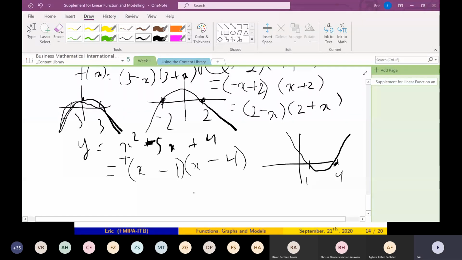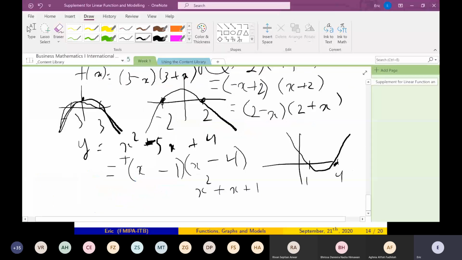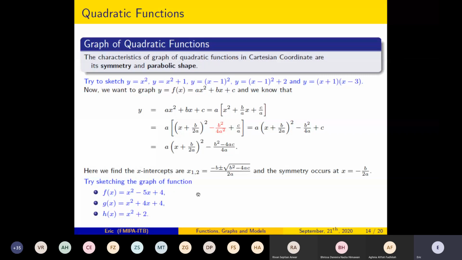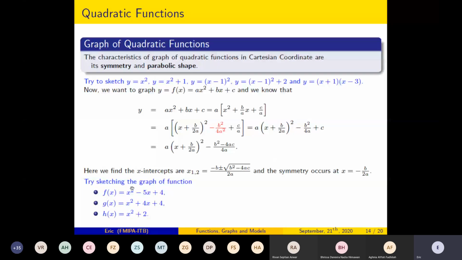Okay. What about this one? x squared plus 4x plus... In these examples, you can factor all of these out. For the others, I think you just have to know all of this.